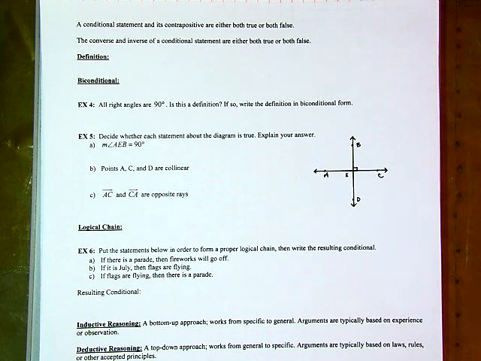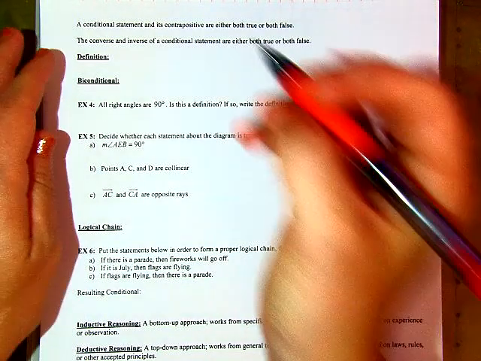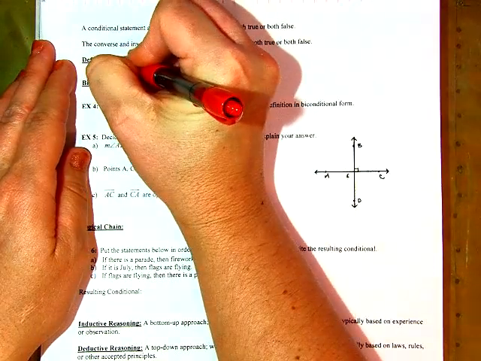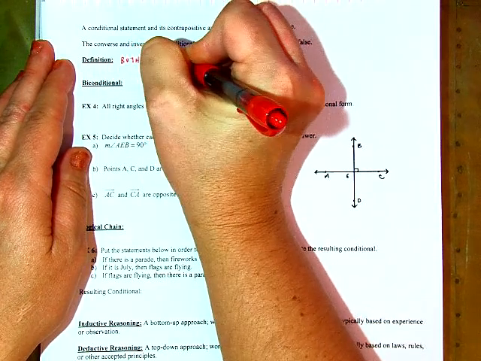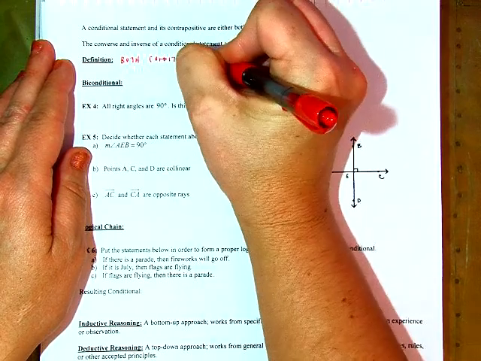All right, so a definition. When we call something a definition in geometry, we're saying both the conditional and its converse are true.